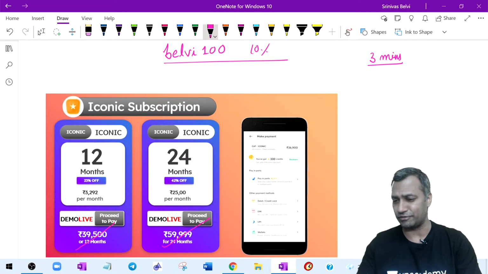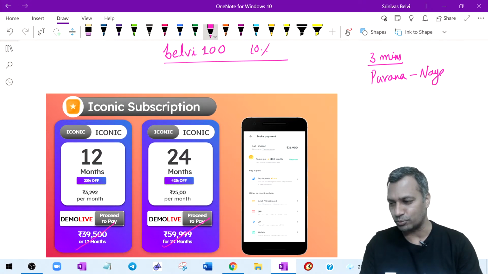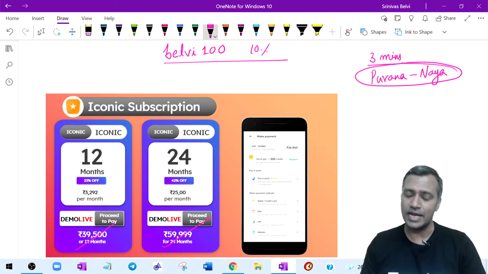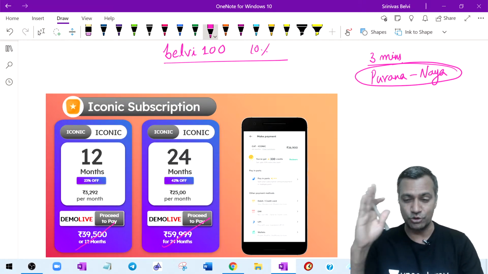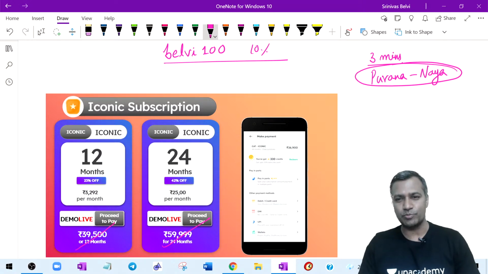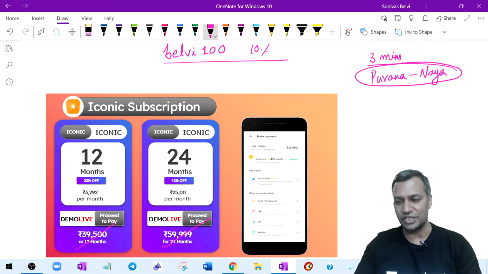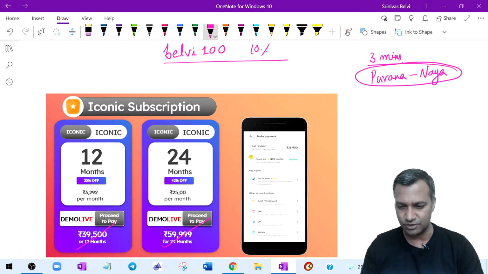Any CAT trainer, the moment you talk about Purana Naya, will tell you the full set. This is popularly called Purana Naya. Any trainer training especially for CAT should be able to recall the whole set and tell you the logic behind it and how things work. Such a beautiful classic set that we are going to do today.